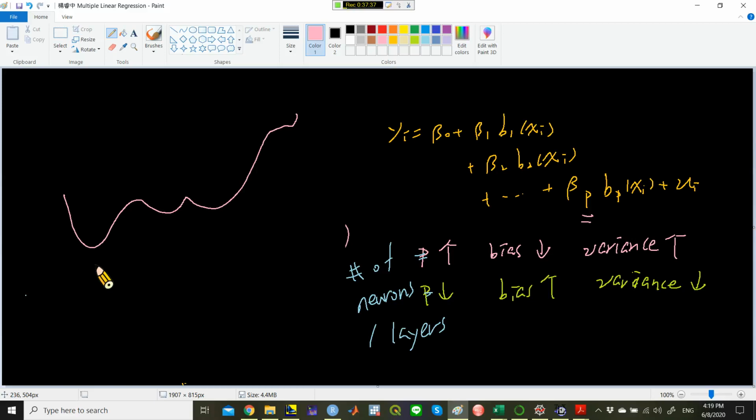If you are sure you find the global optimum, then you can argue that, okay, now I have 10 neurons, I have 20 neurons, I have 500 neurons, 1,000 neurons, I have 5 layers, I have 10 layers. I can find the global optimum for each of them, and I can compare them.